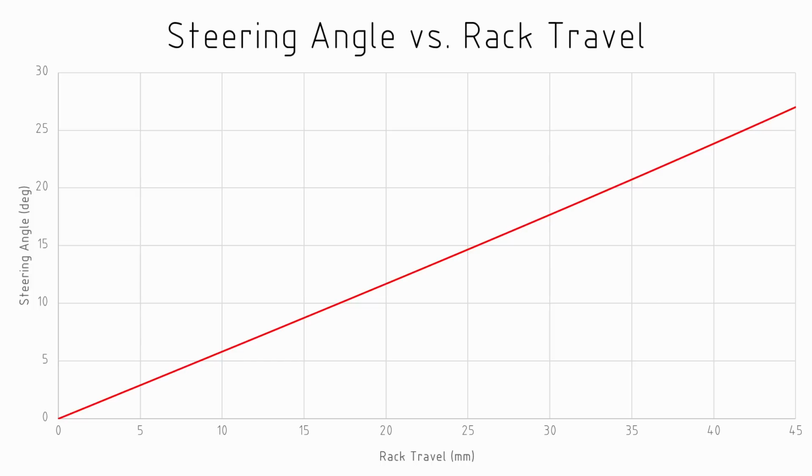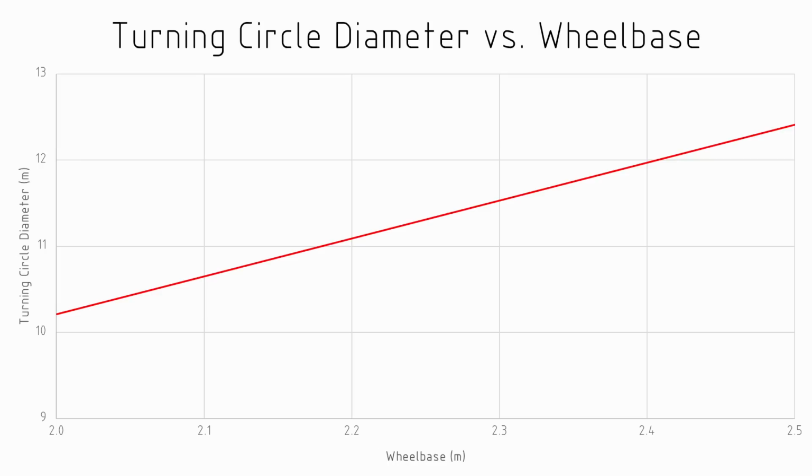One thing I should note is when I created the graph of steering angle required versus the radius, I was setting a wheelbase there. That wheelbase was set at 2.2 meters, the intended wheelbase of Project 171. But we can see that the turning circle diameter will be a function of wheelbase.